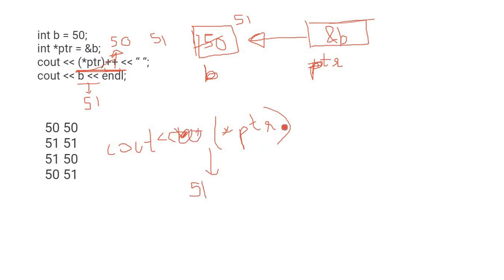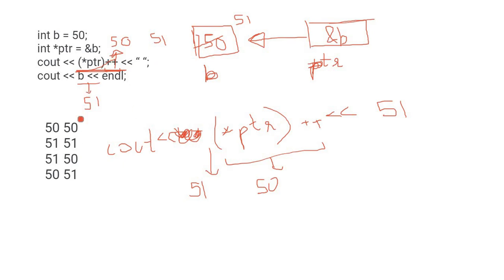But since it is not a pre-increment, rather a post-increment, this statement will first give the value 50, and after that it gets incremented by 1 in the next step. So in any statement after this one, the value of *ptr will be 51. This is a basic concept relating to pre-increment and post-increment. You can study it from various sources online.